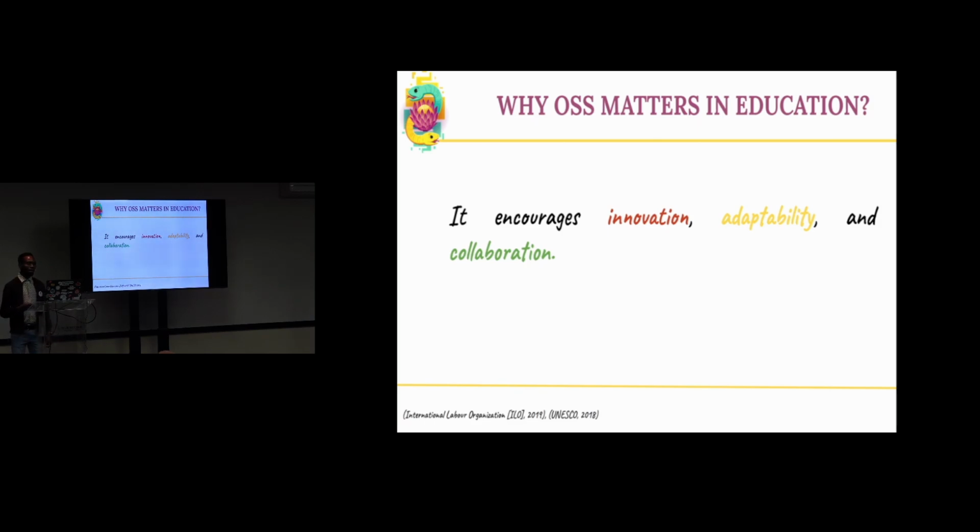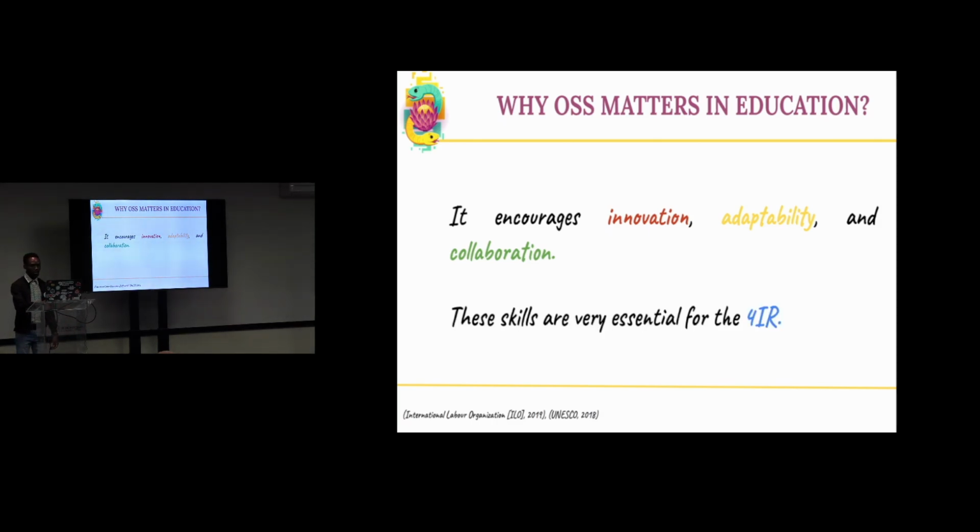We also want adaptability, because if we have to build an inclusive and quality education, it has to be adaptable. And with open source software, these learners can collaborate with each other on many platforms, like open source platforms, and collaborate with their teachers and their mentors, and be innovative and build skills that are needed for the fourth industrial revolution.